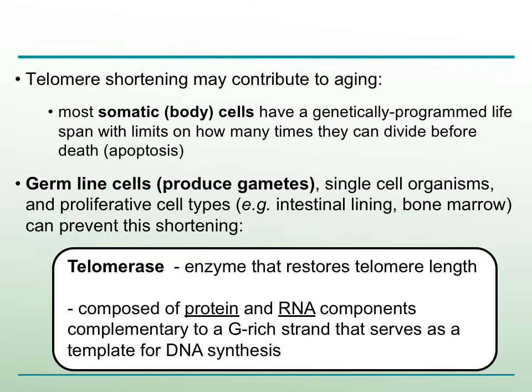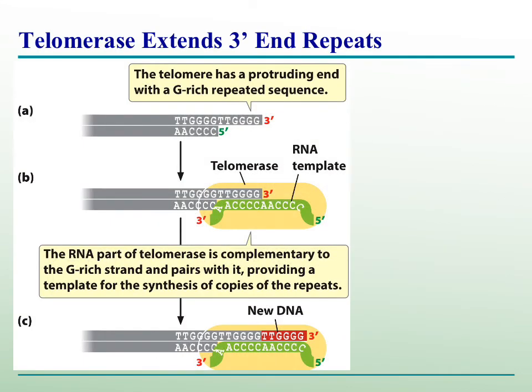Telomerase is composed of protein as well as an RNA molecule that is complementary to the G-rich strand that is unique to the telomeric sequences of any given organism. In this figure, in part A, we're looking at the telomere of a single-celled organism called Tetrahymena.